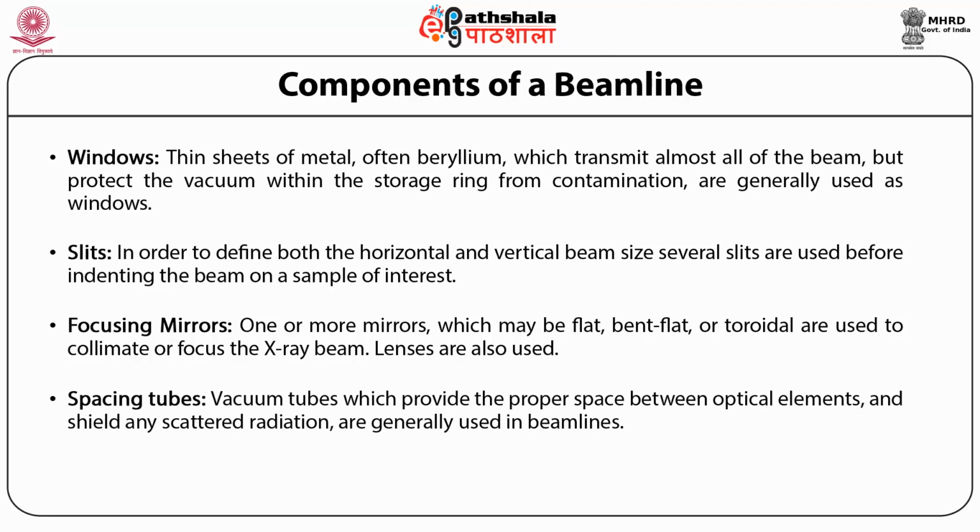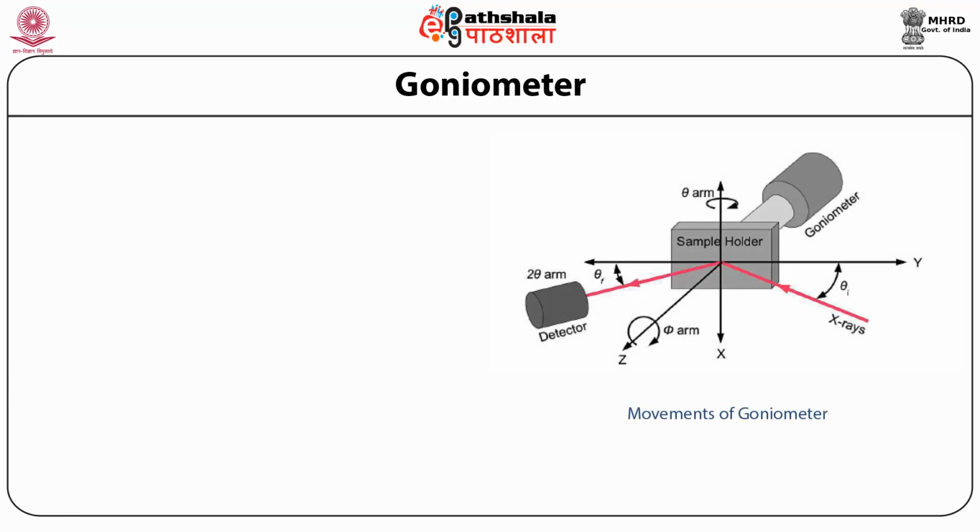Vacuum tubes which provide the proper space between optical elements and shield any scattered radiation are generally used in beamlines. Now students, let us see a basic goniometer which is used for X-ray scattering measurements.